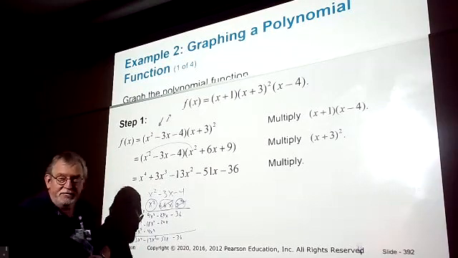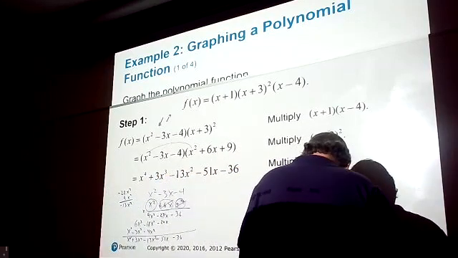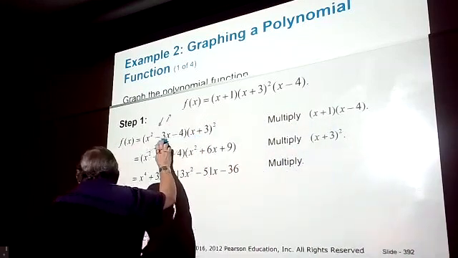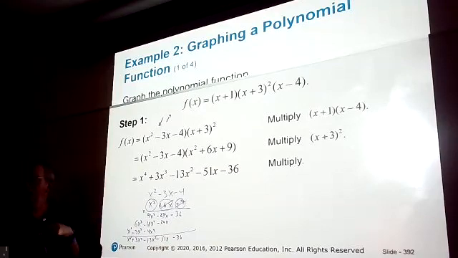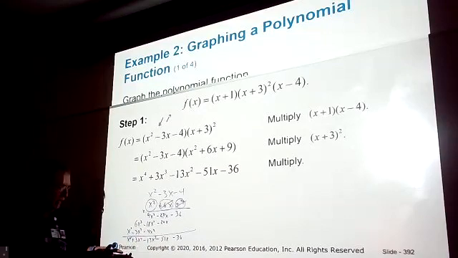Why? Because that's how we write them. Not that it's any more correct than the other way, but that's how we write it. I have some friends, math instructors, that say you have to write it this way. I don't. But writing it this way is less confusing than having the minus 51x in front of everything.